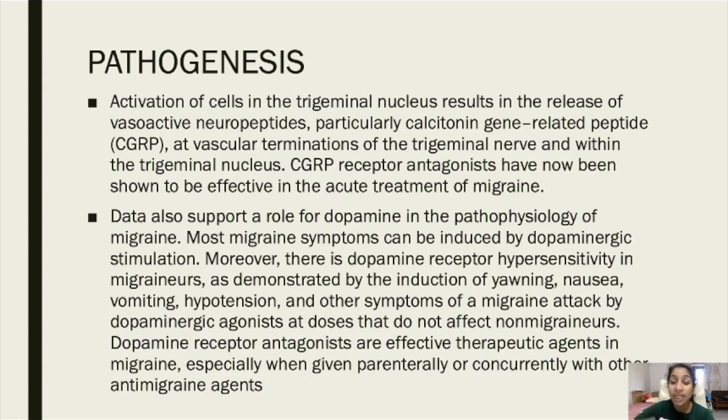For example, yawning, nausea, vomiting, hypotension and all these things can be seen in a migraine patient if you give dopamine receptor agonists. So dopamine receptor antagonists are an effective therapeutic agent in migraine. We can give the opposite of this dopamine hormone as an effective treatment for migraine.